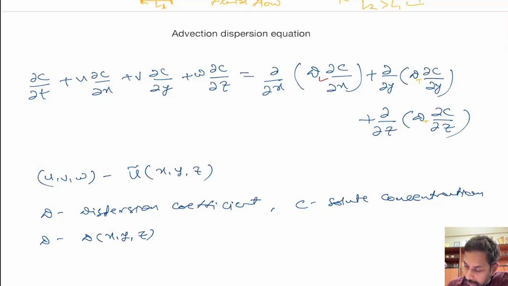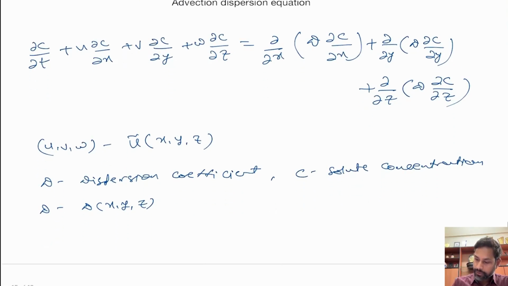Okay, but that takes us to much more complicated behavior of dispersion, and we are not going to go into full detail, but you can assume that many times this D is a function of x, y, z. However, for our case, we will consider it to be mostly constant in all directions.